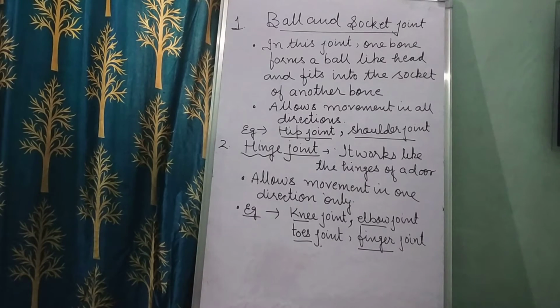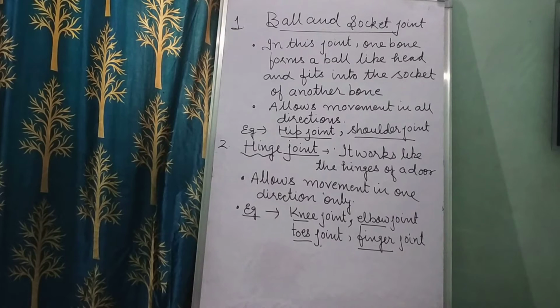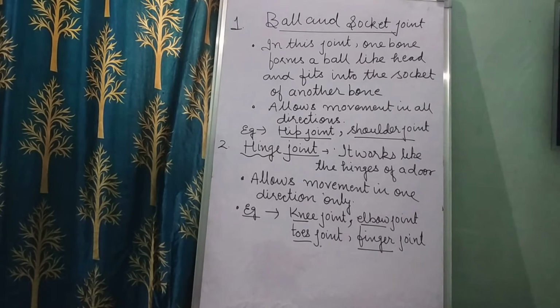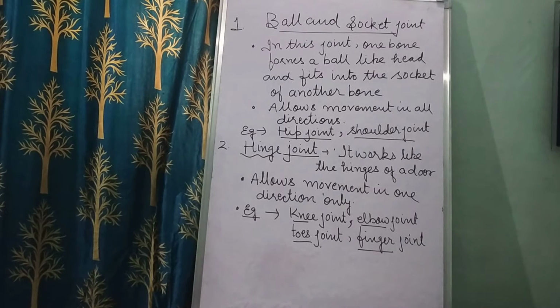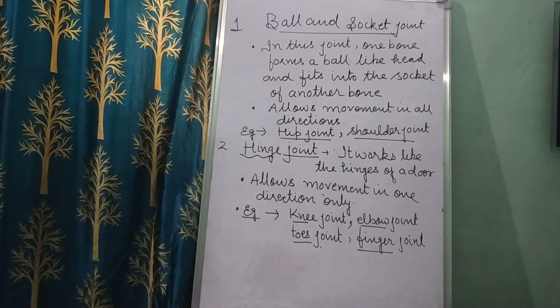So let's study the first type of movable joint, that is the ball and socket joint. So children, it is formed when the round end of one bone fits into the hole or socket of another bone. In this joint, one bone forms a ball-like head and fits into the socket of another bone. It allows movement in all directions.